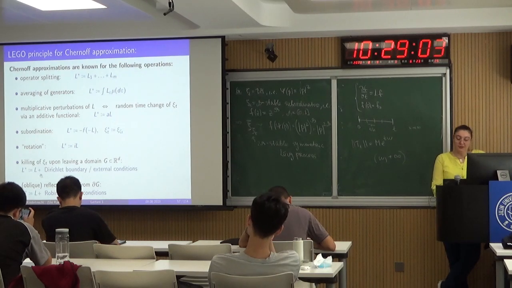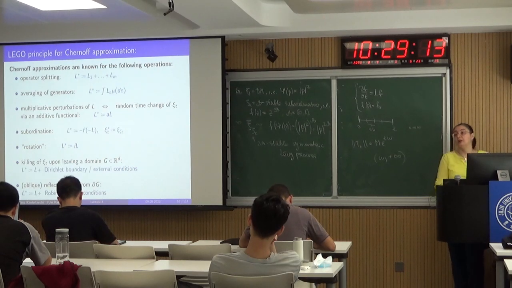So if we have a Dirichlet boundary condition, then it corresponds to killing. If we have some other Robin boundary conditions, it corresponds to oblique reflection of the process from the boundary. So some Chernoff approximations for these situations are also known.